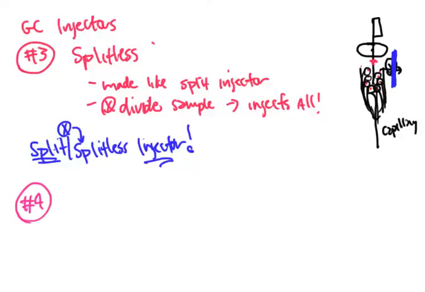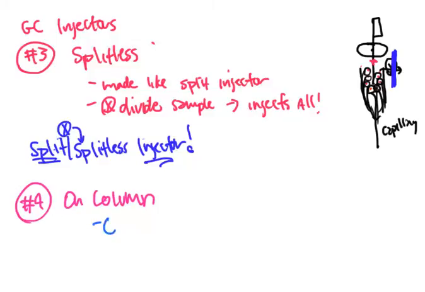All right, finally, our last type of injector is called an on column. So we have direct, we have split, splitless, and then we have on column. Now, the thing with the on column injection, this is how it's a little bit different than all the others.